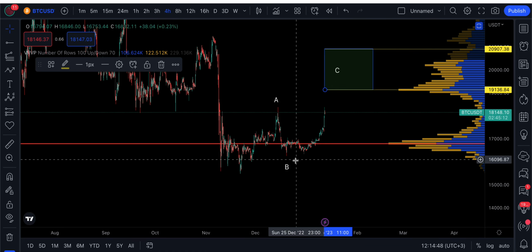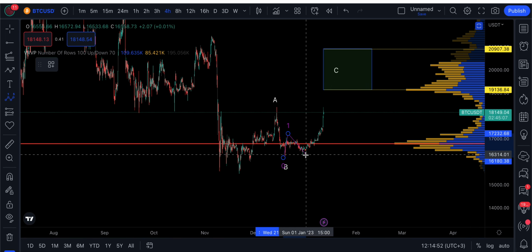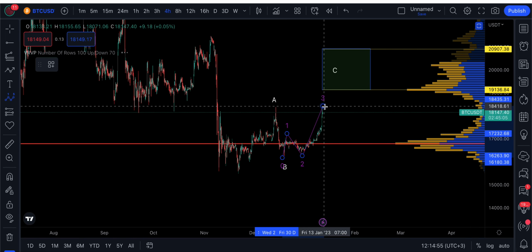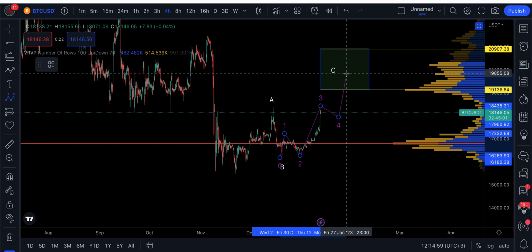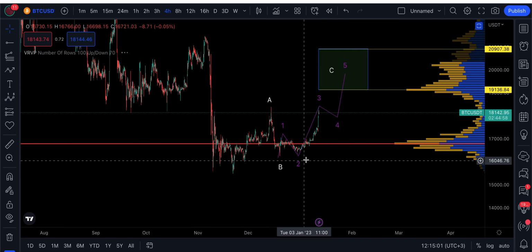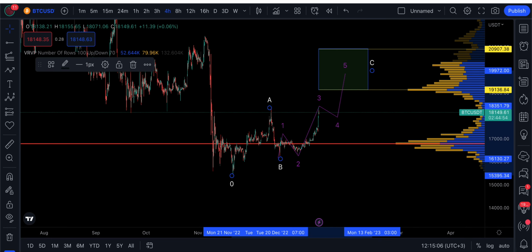So we have had wave 1, wave 2, wave 3 around here, and I'm expecting a pullback and price to finally reach that area. When that happens, we will be completing this structure.